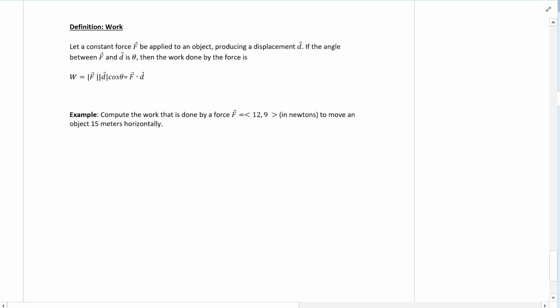Now let's take a look at the work application in vectors. Let a constant force F be applied to an object producing a displacement d. If the angle between F and d is theta, then the work done by the force is given by the dot product of the force and the displacement.